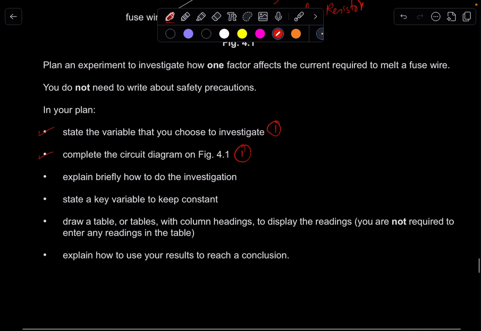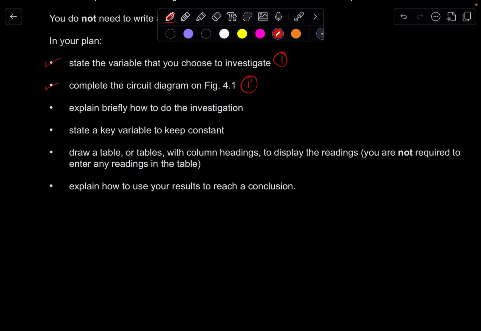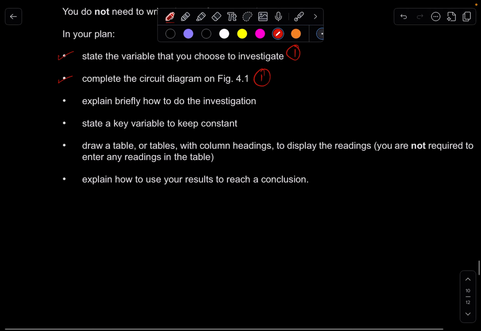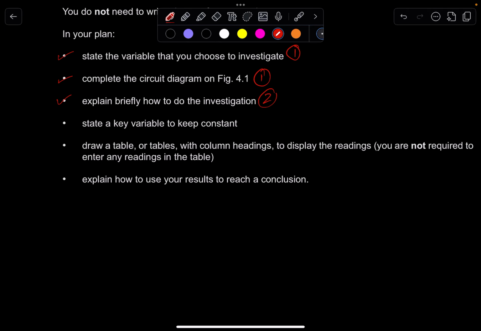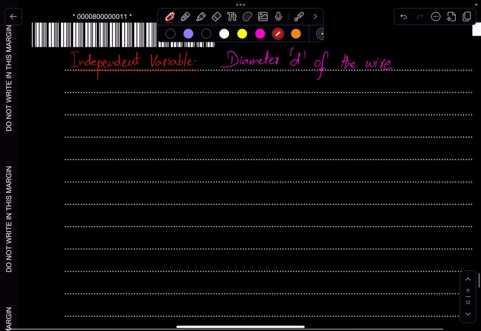Then explain briefly how to do the investigation. This can give you a maximum of 2 marks. This is the procedure that we have to follow.